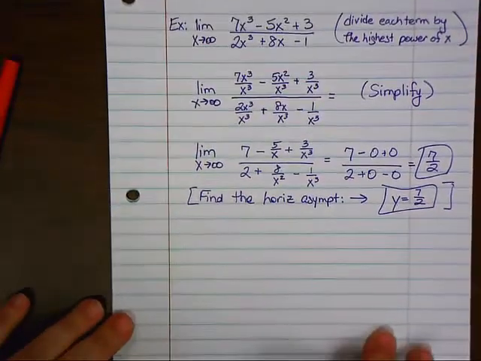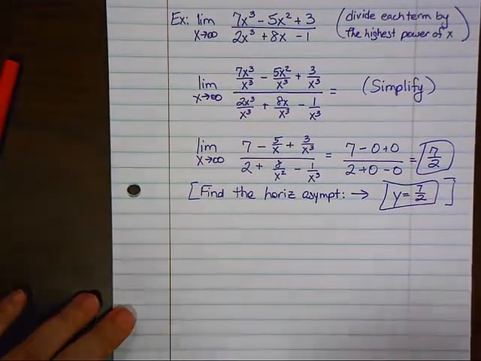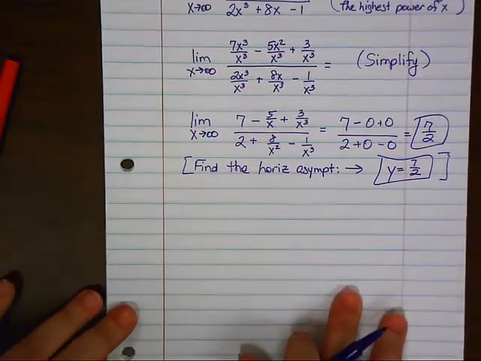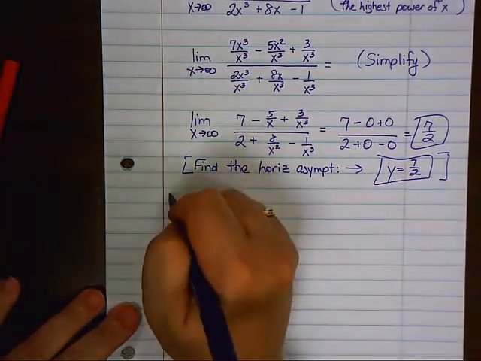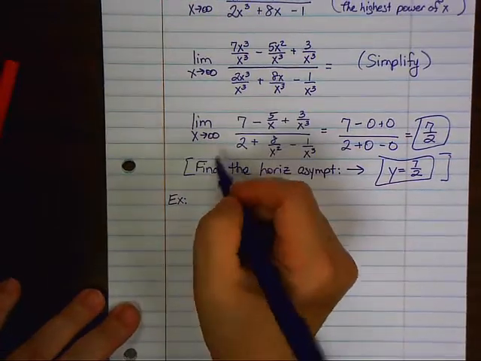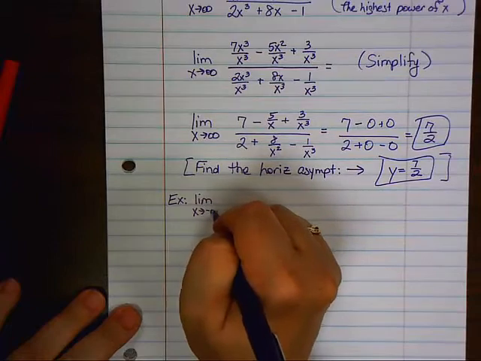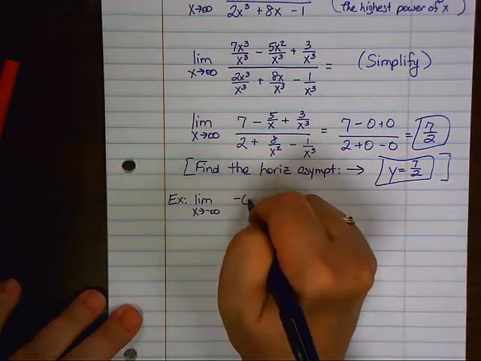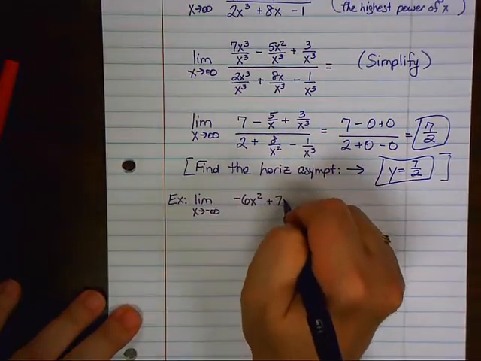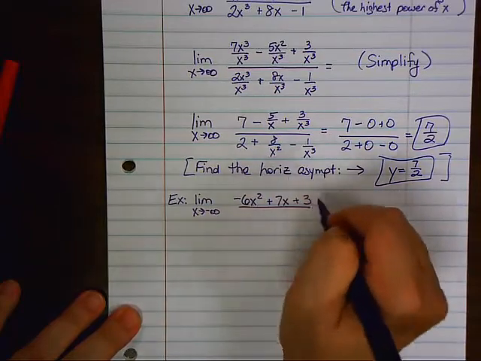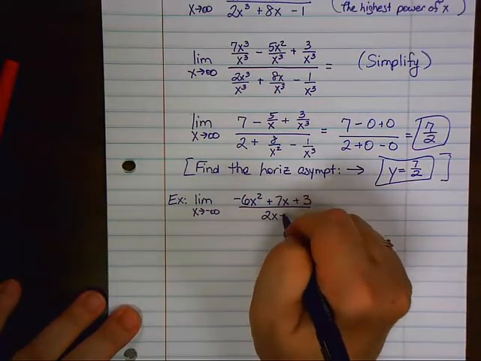Okay. Now let's do a negative infinity limit. Slightly different process, not any harder. So, example. The limit as x approaches negative infinity of negative 6x squared plus 7x plus 3 over 2x plus 5.